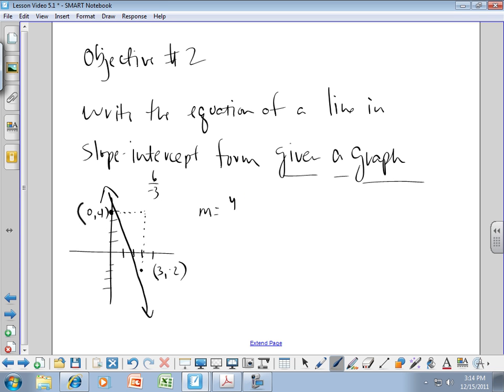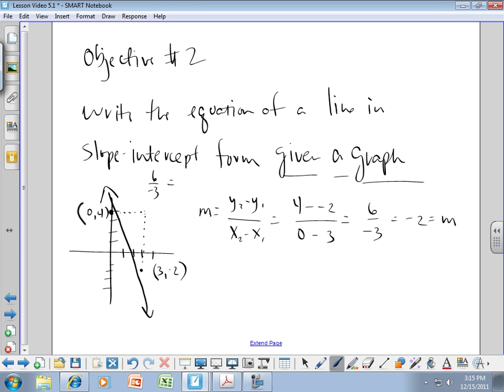Let's actually use the slope formula. Remember, y2 minus y1 over x2 minus x1. And we would take our y's and subtract them. 4 minus -2 over 0 minus 3. Well, doesn't that come out to be 6 over -3? And reduce that, what is it? That's right. It's -2. So the slope of our line here is -2.